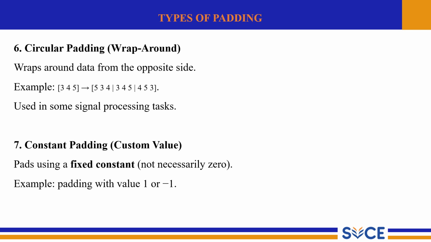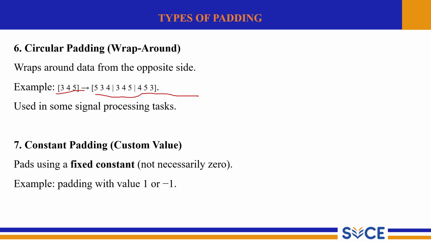For example, if the input values are 3, 4, 5, after circular padding, it becomes 5, 3, 4, 5, 3, 4, 5. So here the input values are 3, 4, 5 and the output becomes 5, 3, 4, 5, 3, 4, 5.